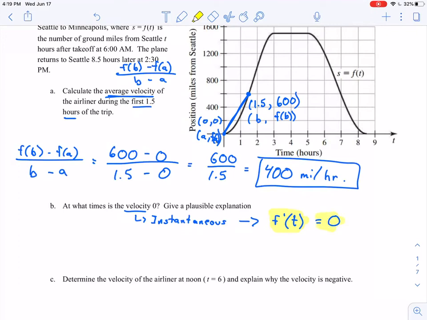Well, what would a tangent line with a slope of 0 look like? Remember, a slope of 0 means a horizontal line. So another way I could phrase this question is, where do I have a horizontal tangent line?